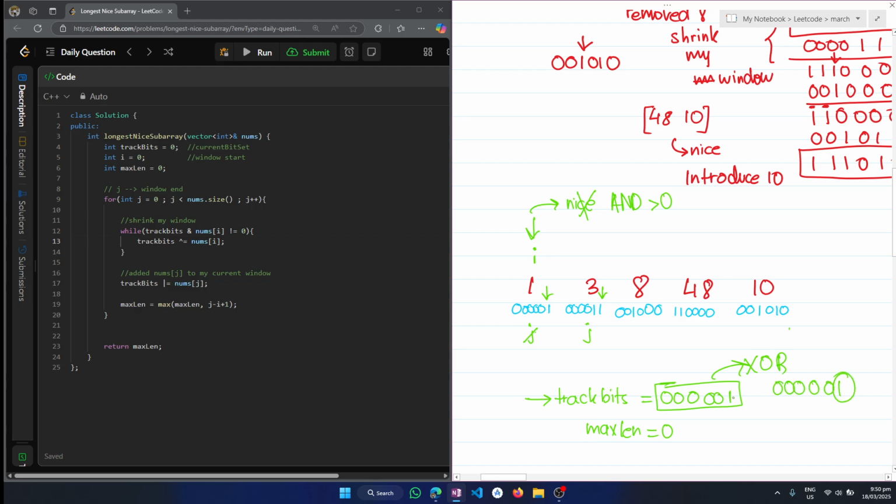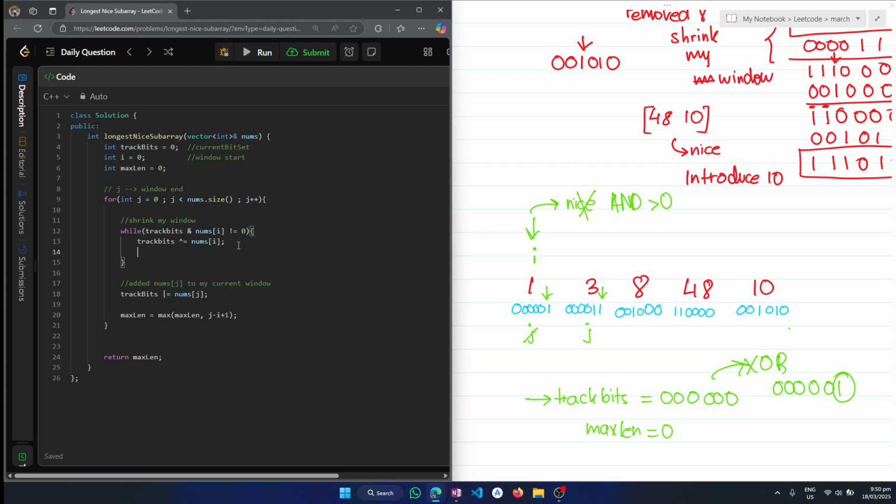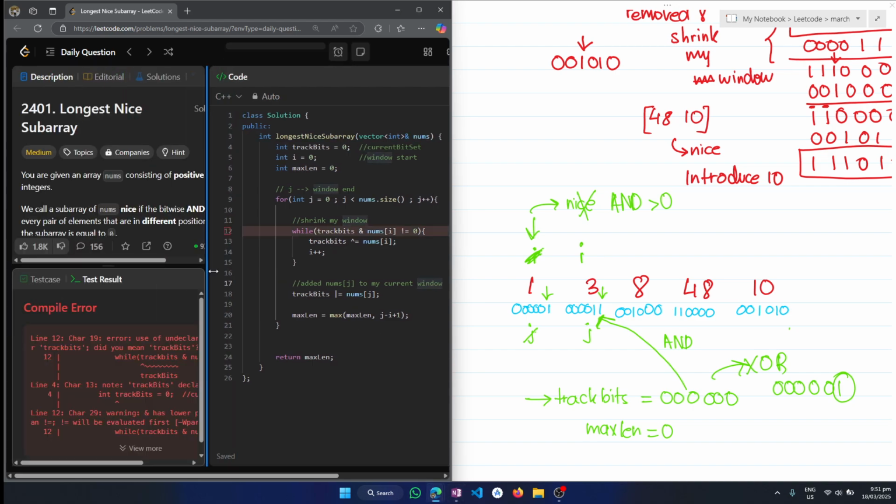So isn't it going to turn this bit off? It's 100% going to turn this bit off. And then I say i plus plus, that is, increment the start of my window. So now the current window becomes this, and when you compare this track bits with this number and take the AND of them, you are going to get a 0, and that is when you stop shrinking the window. So let's see if I run this test case, if it passes.